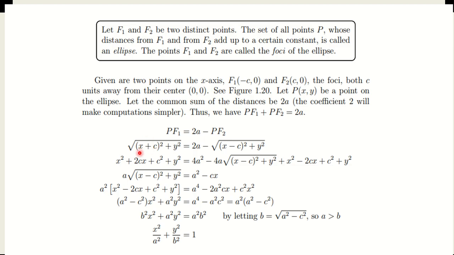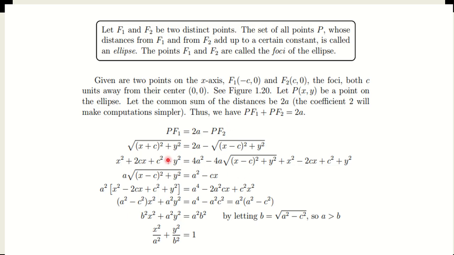To double check, we substitute all the points needed, knowing that P is x, y, F sub 1 is negative c, 0, and F sub 2 is c, 0. We expand inside the radical symbol, and expanding that, we get x squared plus 2cx plus c squared, and copy the y squared.